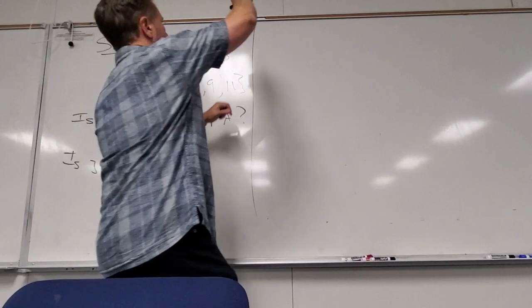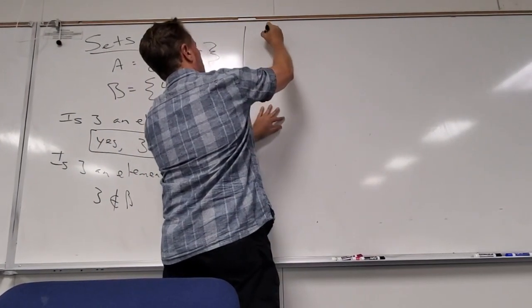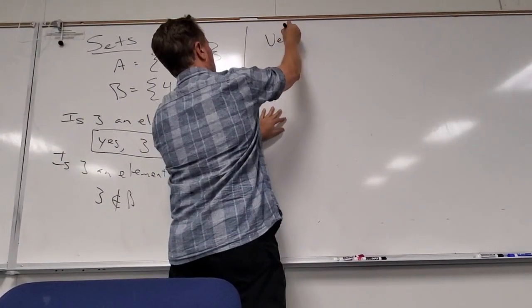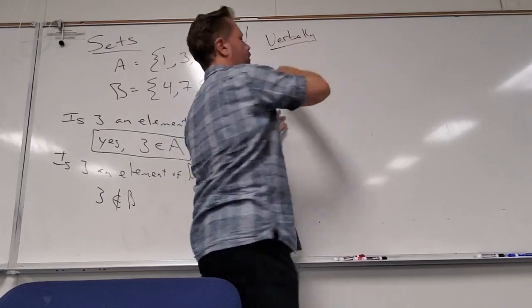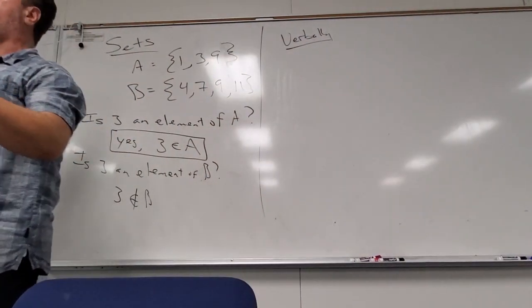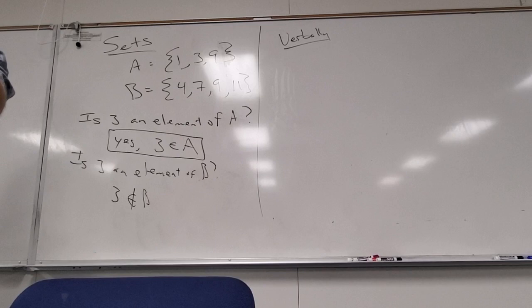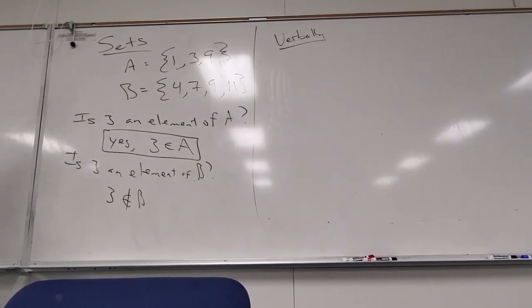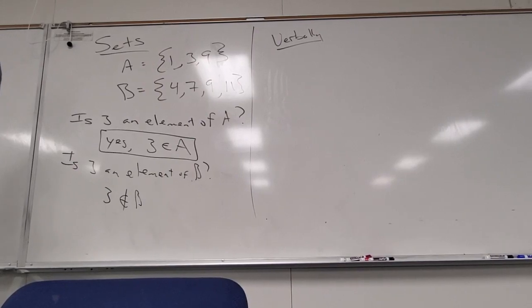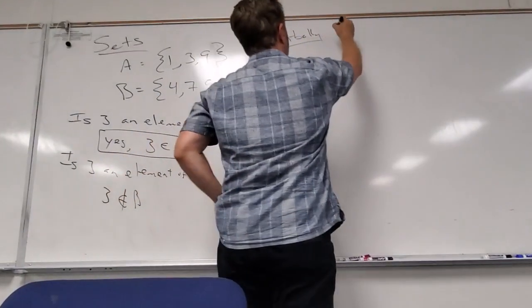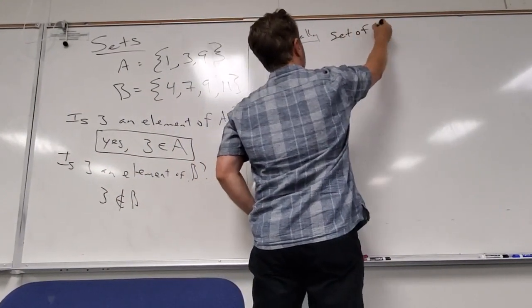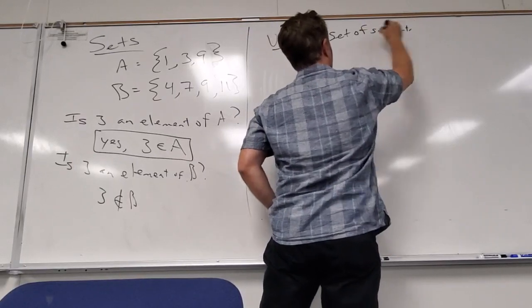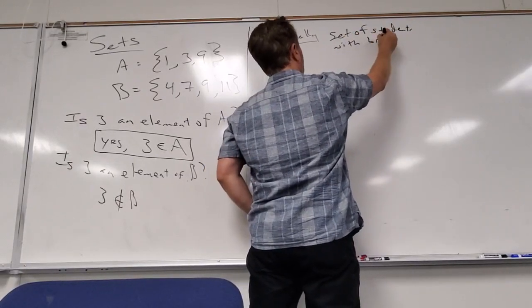So we could describe sets verbally. I could say the set of all students who have brown hair in this class. I could just say it verbally, the set of students with brown hair.